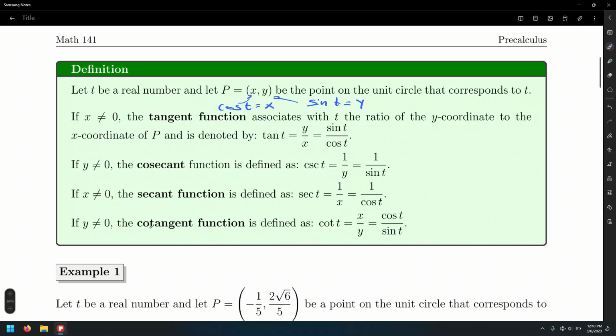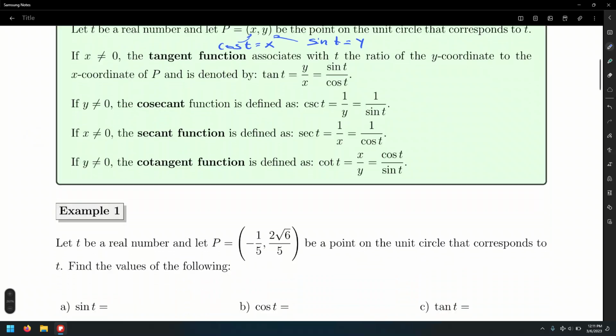Then cotangent is its reciprocal, cosecant is the reciprocal of the sine function, which is 1 over y, or 1 over sine, and the secant function is the reciprocal of cosine, 1 over cosine, that is 1 over the x component. That's how everything will be obtained from that given ordered pair.